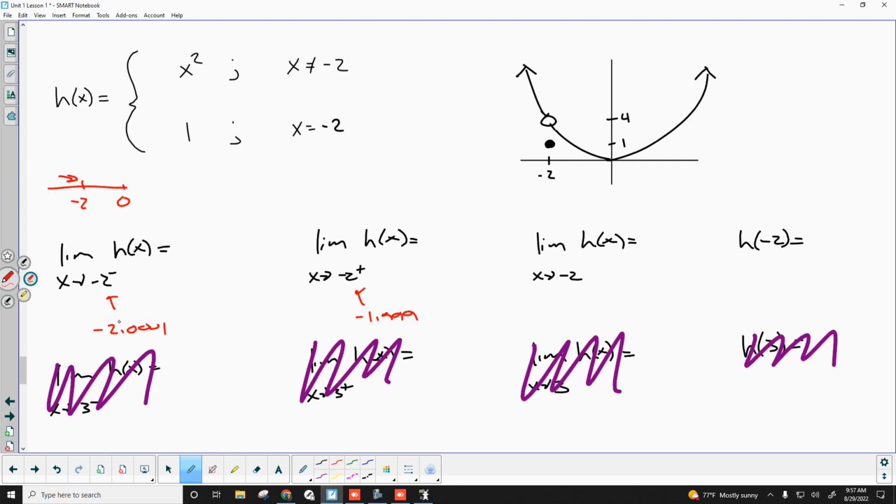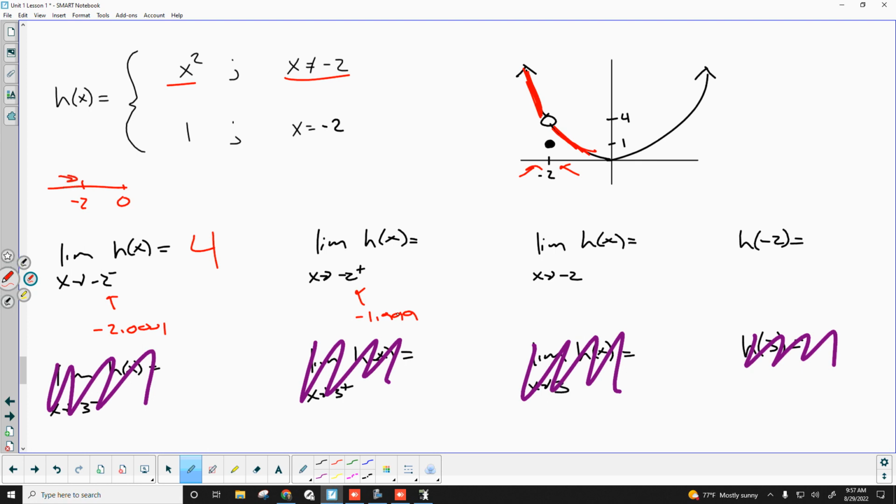This does not equal -2. It's close to it, but it's not equal to it, which means I'm using x squared. Square that number, it's close to 4. How do you see that on the graph? To the left of -2, I'm using this graph. This graph is approaching 4 as I get closer to -2. To the right of -2, same deal. I'm using this graph.